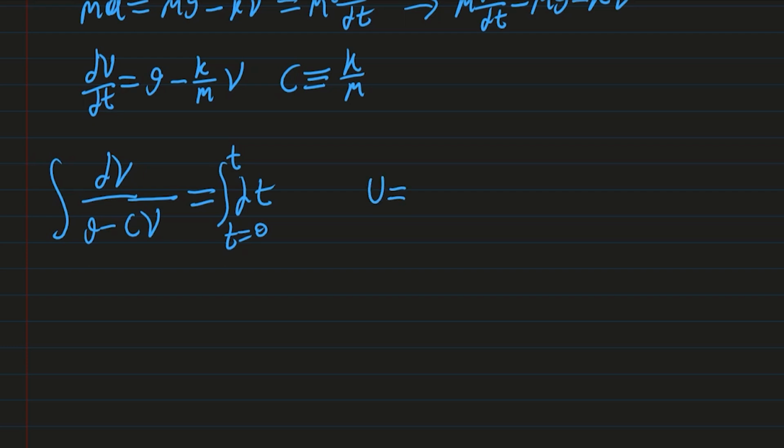u is equal to g minus c times v. du, taking the derivative, g is a constant so I don't have that anymore, so I'm left with negative c dv. Now I want to solve for dv so that I can replace it, so dv is equal to du divided by negative c.